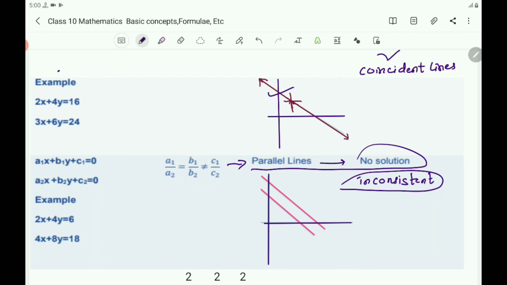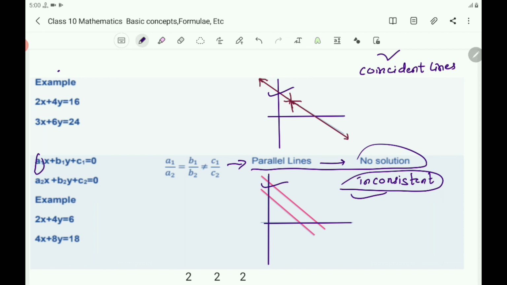Here you will get a1 by a2 equals b1 by b2, but the third ratio will not be the same. In that case, the lines are parallel, no solution. They are the inconsistent equations, inconsistent pair of linear equations.